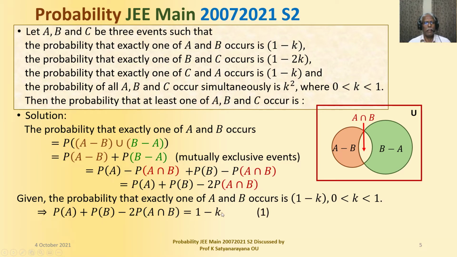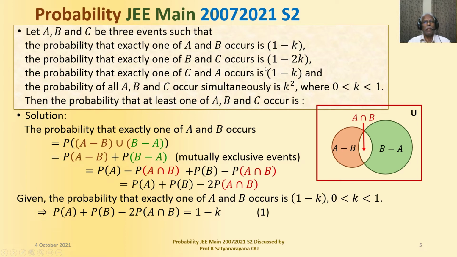In a similar fashion, the probability that exactly one of B and C occurs is 1 minus 2k, so probability of B plus probability of C minus 2 times probability of B intersection C is equal to 1 minus 2k.